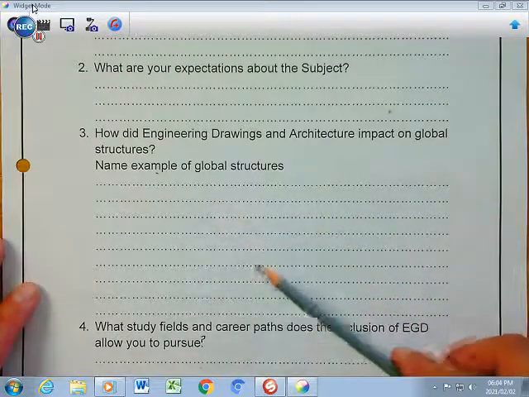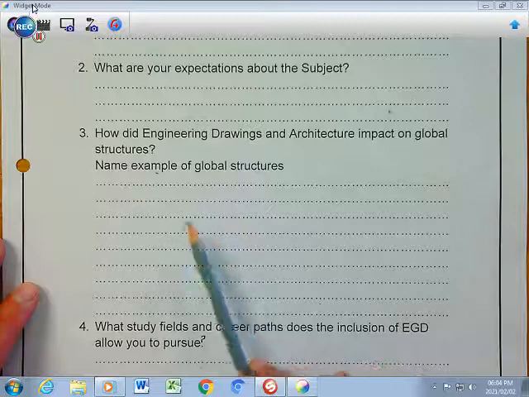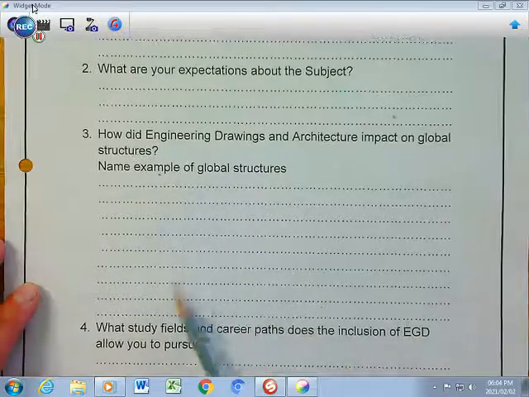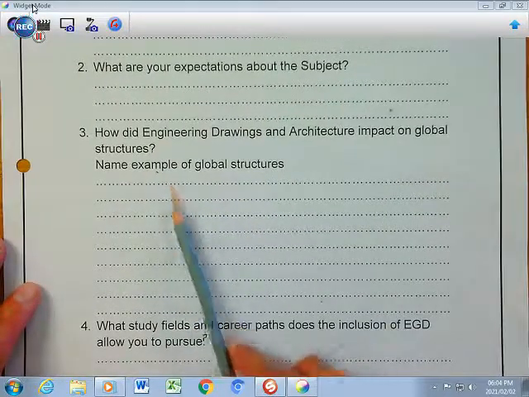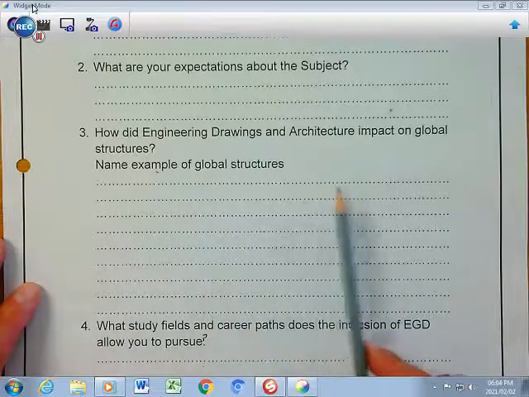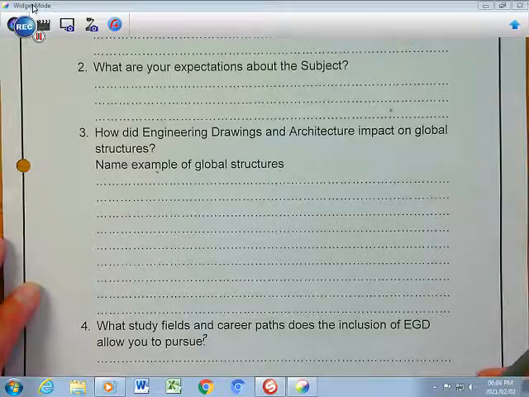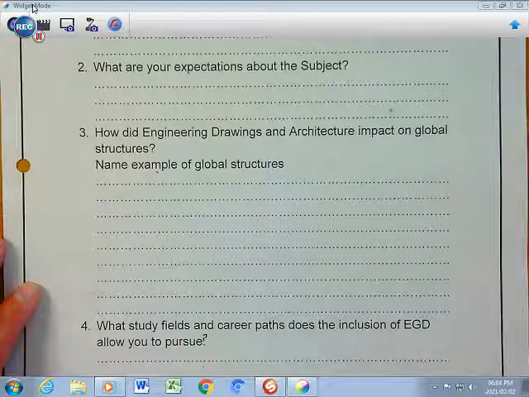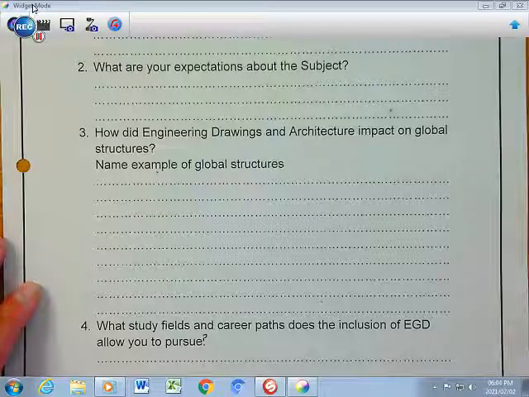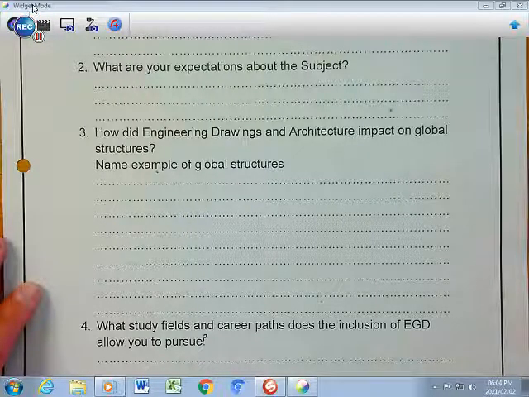What are these global structures all over the world? Please, can you list them for me, as many as possible in this space? The structure and preferably the city that it's currently situated in. For example, if I think of the city of Cape Town, we have the man-made structure of the castle.